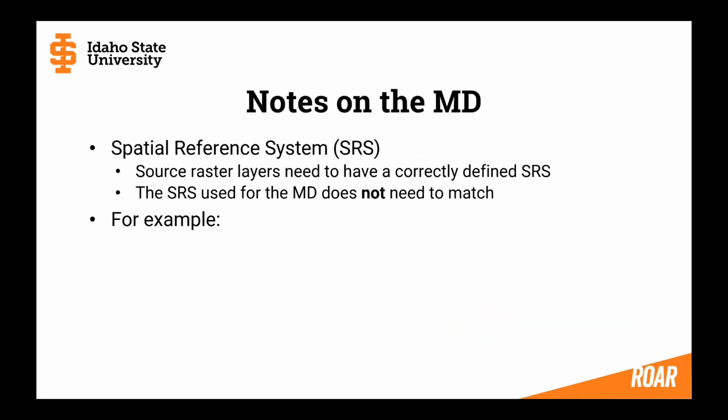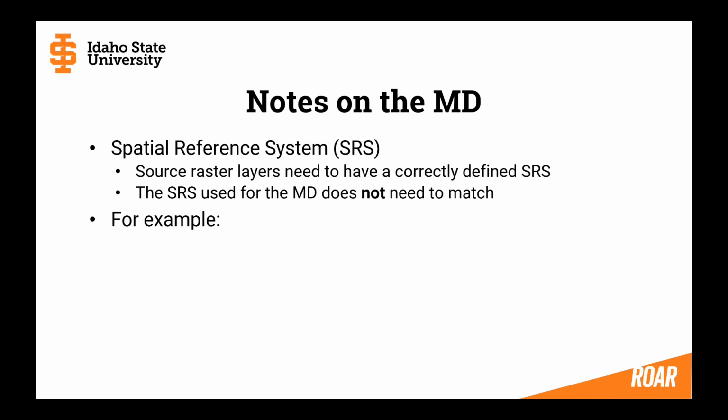Now, some notes on the Mosaic dataset. I shorthand that as MD. Spatial Reference System, shorthanded SRS. Now, your source raster layers need to have a correctly defined spatial reference system. When we work with the NAPE aerial imagery, that's about 6,000 plus tiles of TIFF files that look and act and feel as if they're covering the whole state of Idaho as one image.